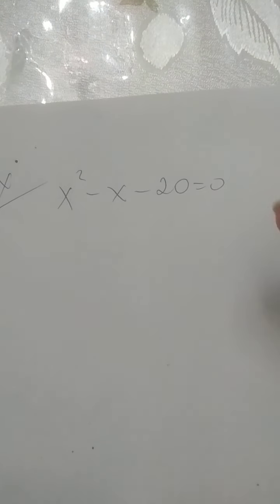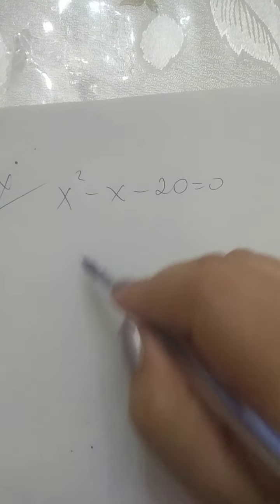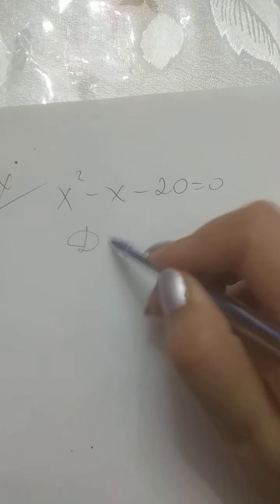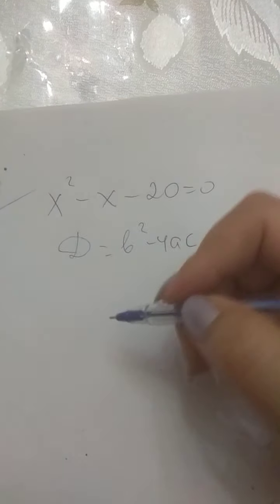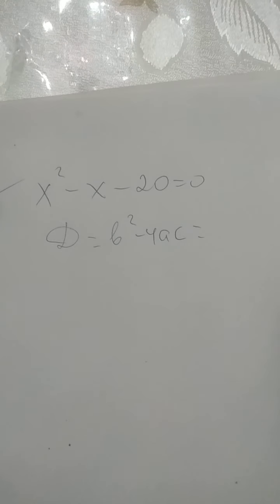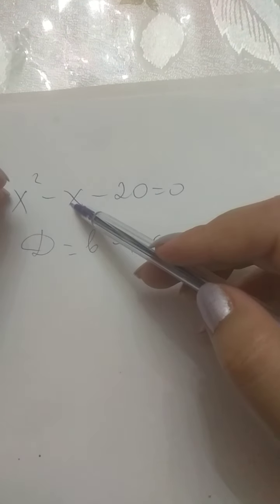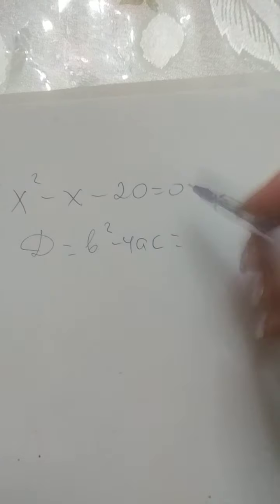Actually, we have 3 methods for finding a solution. In this type of question, I don't need to calculate with the discriminant, but I only wanted to show you how you can calculate it. Discriminant is equal to b squared minus 4 multiplied by a multiplied by c. In your standard form, the coefficient of x is b.